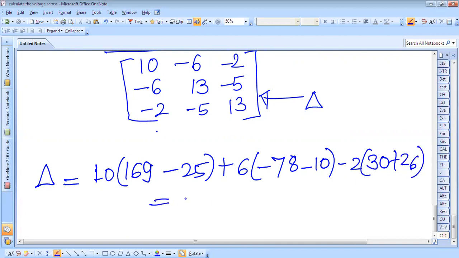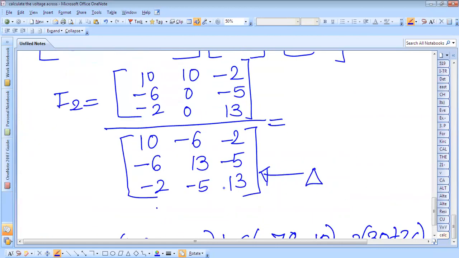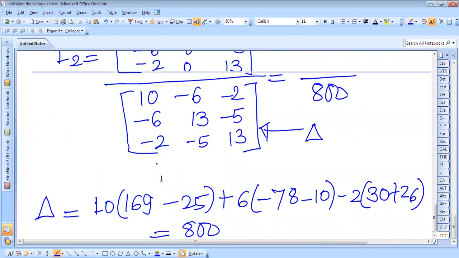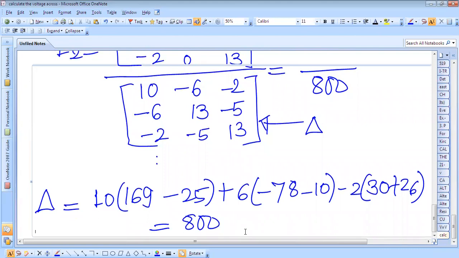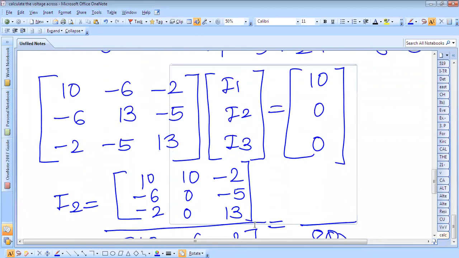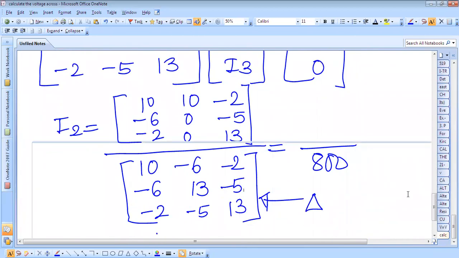If you solve this, we get 800. So we write 800 here, and we also have to find the upper matrix value.